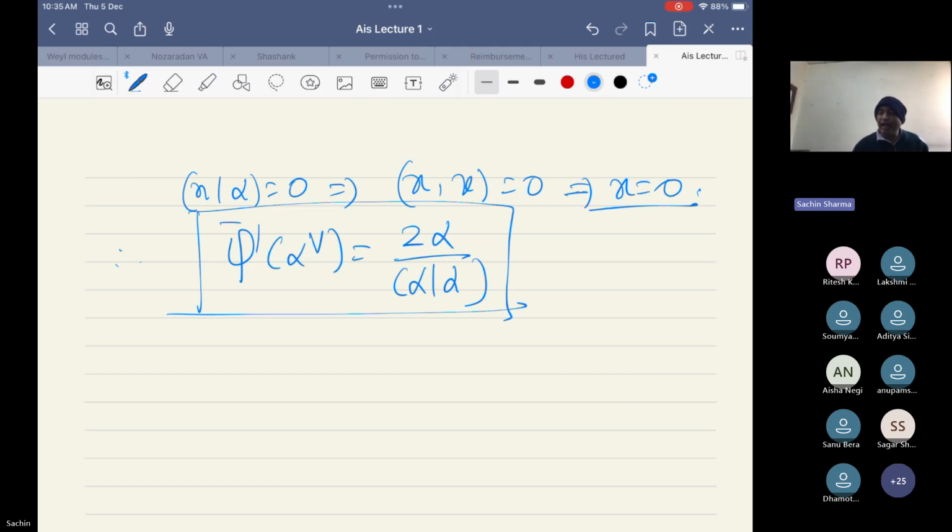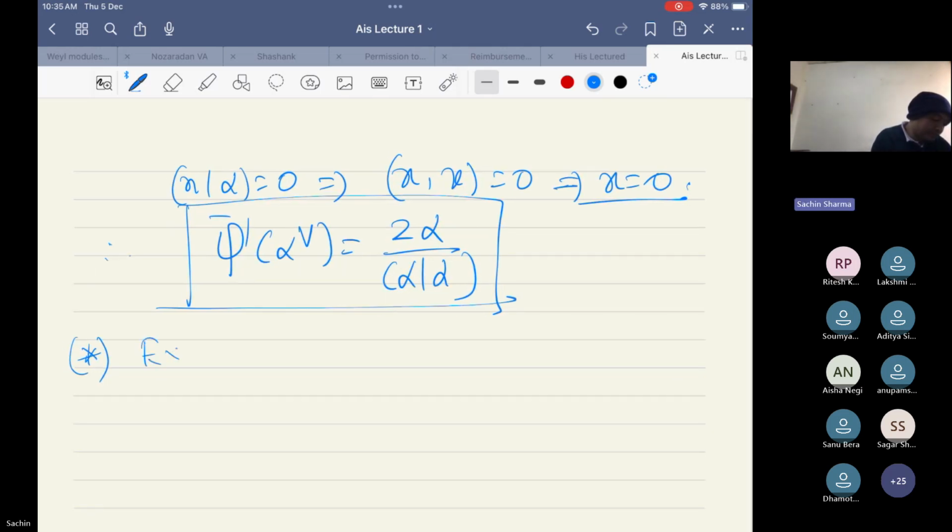At least we now have the correspondence. We have defined the Weyl group and seen some examples. Now these are some exercises. So first of all, try to prove this exercise.